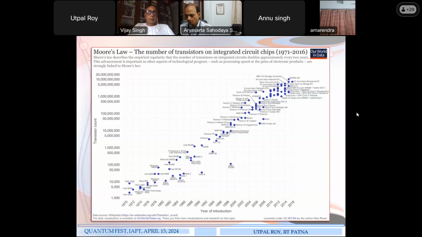Initially it was quite big, over a table or so, but with time that has gone down like anything, and then we have a lot of sophisticated chips, ICs, built into the circuit of a laptop, and the size of the transistor, the size of the chip, goes to the level of molecules and atoms.